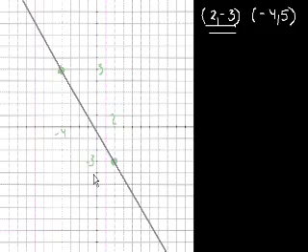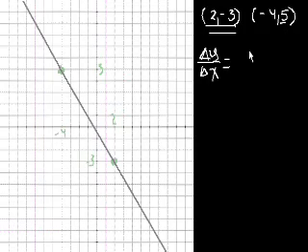All right, so first we need to figure out the slope. Well, we could just do that doing the algebra. So slope is just delta y over delta x, change in y over change in x. Let's take this y as the first point.